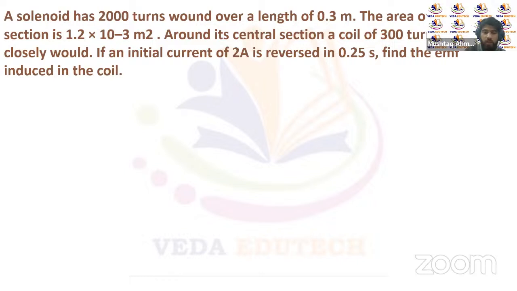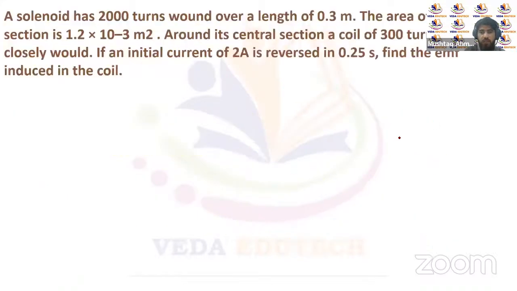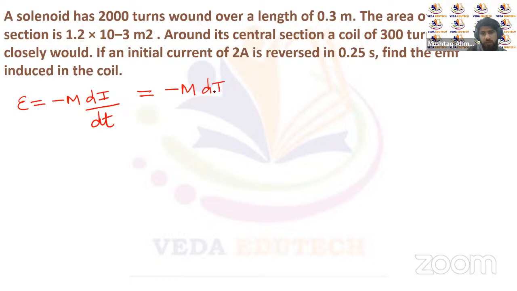We know that the induced EMF in case of mutual inductance is given by M di2 upon dt, right? So this is the equation of the induced EMF. The induced EMF will be equal to minus M di2 upon dt, or in short, we can write it as minus M di over dt.